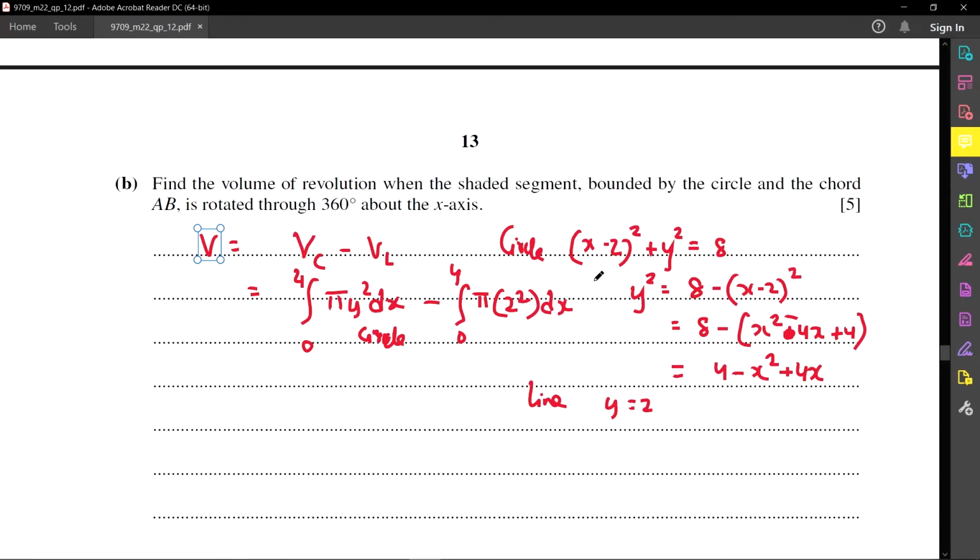So pi times the integral of 4 plus 4x minus x square dx, minus 4 pi times the integral of dx, between the limits 0 to 4.